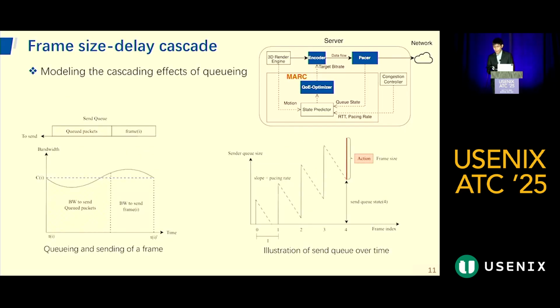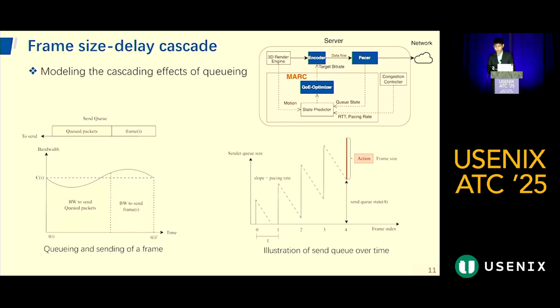A key question here is, why do we need to consider a window of future frames instead of just making the best decision for the very next one? The answer lies in what we call the frame size delay cascade. As this diagram illustrates, the sender queue is dynamic. If we choose a higher bitrate for the current frame, it makes it larger.